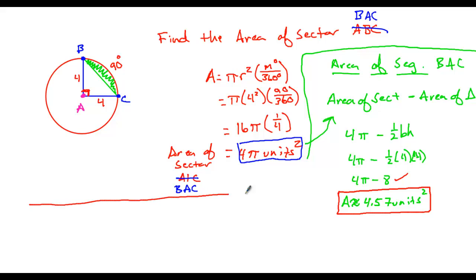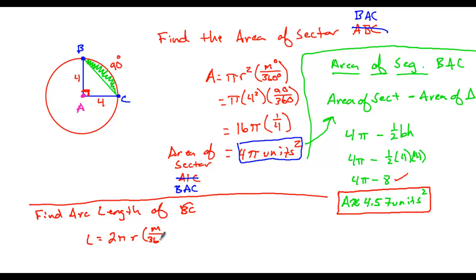And then the last thing we would do is find the arc length of arc BC. So we have our formula, arc length equals 2 pi r times m over 360.